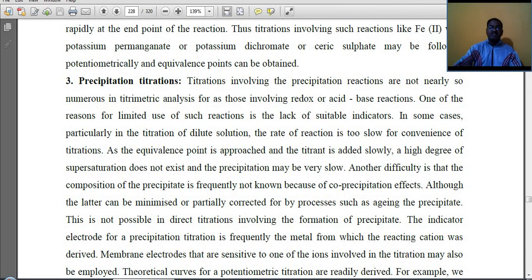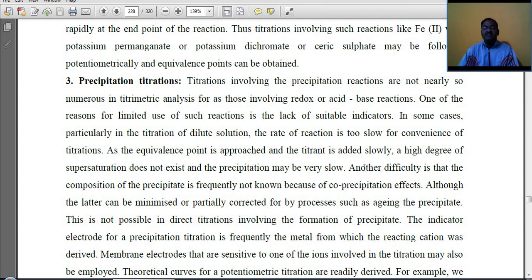What are precipitation titrations? Titrations involving precipitation reactions are not nearly so numerous in titrimetric analysis as those involving redox or acid-base reactions. One of the reasons for the limited use of such reactions is the lack of suitable indicators.